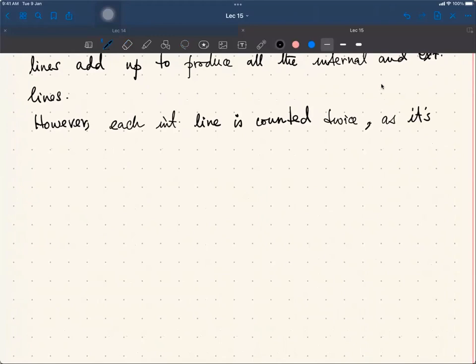As it's connected to two vertices always, right? So each internal line will be connected to two vertices. So in this process of counting the total number of lines, you're counting internal lines twice.